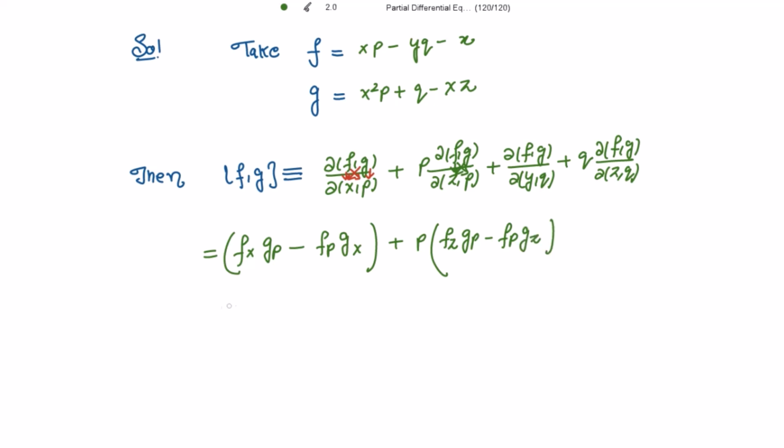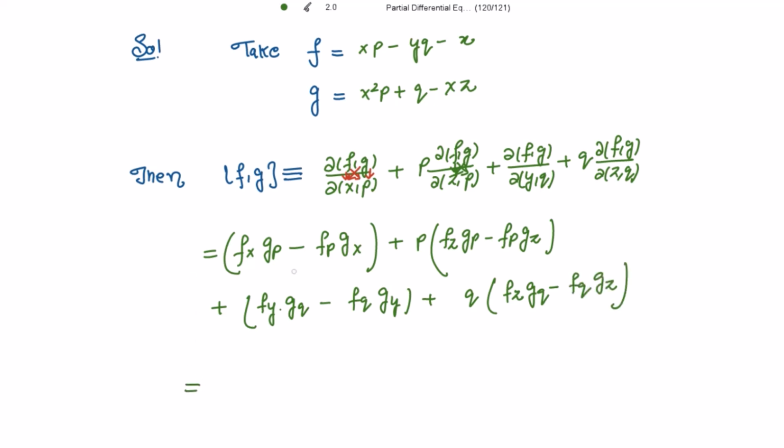Then writing the third term, it is fy into gq minus fq into gy, and then the fourth term, q into fz gq minus fq gz.